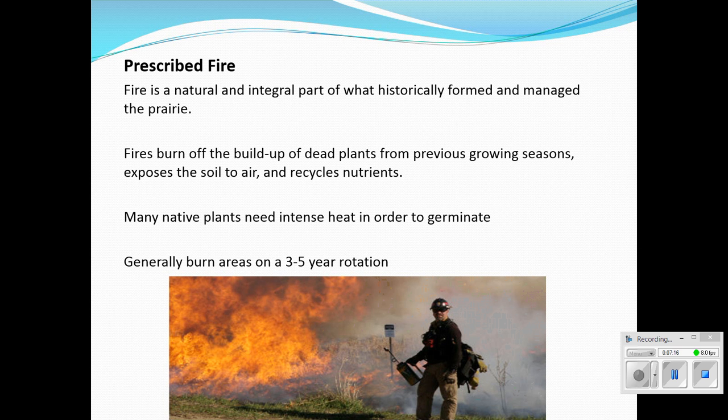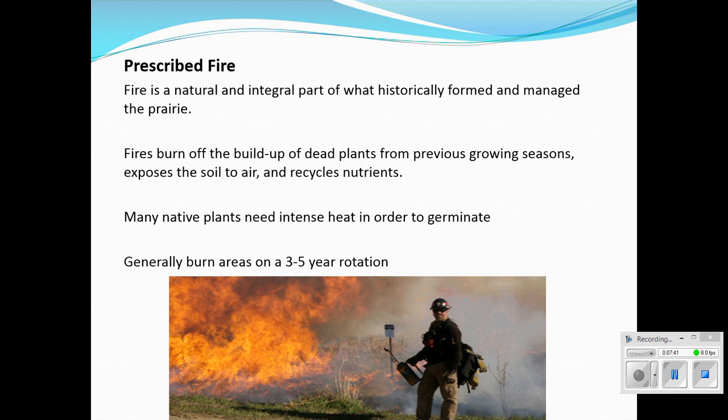And we know from our last section that recycling nutrients into the soil is a very important thing to allow new plants to grow. So many native plants need intense heat to germinate. They've evolved over the years because fire is such a natural part of ecosystems that they've evolved to need heat to germinate.